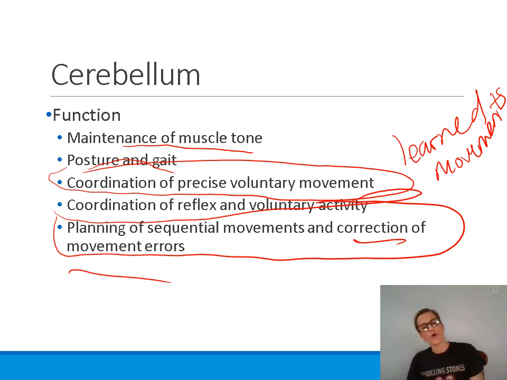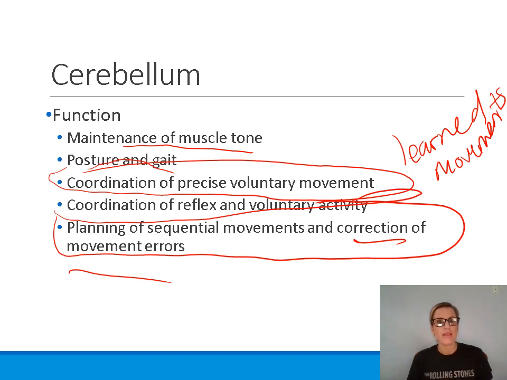And then the cerebellum also receives information from proprioceptors, other sensory information, so that it can see what actually happened. What was the movement actually like? And then the cerebellum compares the two, right? The plan, the intended movement, and the actual movement.